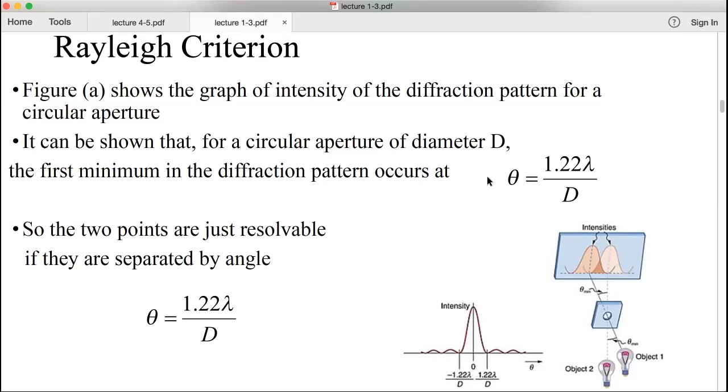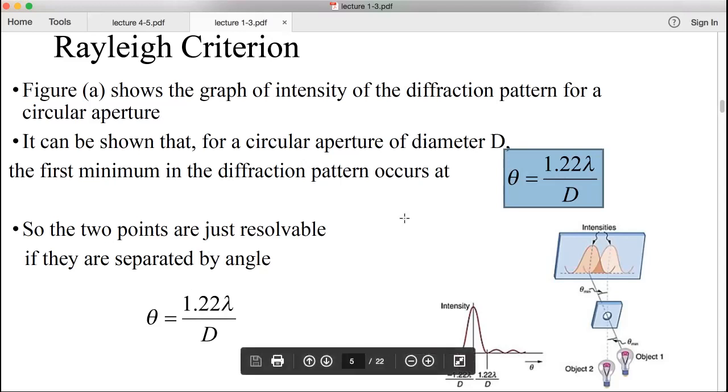I'm not going to go into detail here because I talk about this in detail in optics. The Rayleigh criterion is basically this equation, theta equals 1.22 lambda over d, right? So the 2 points are just resolvable if they are separated by an angle of 1.22 lambda over d.